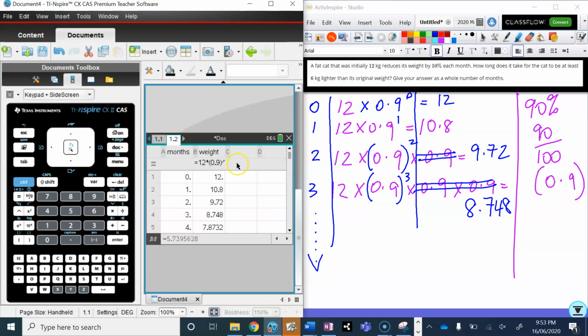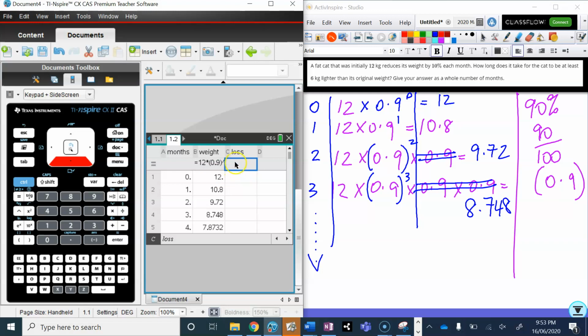One thing we can also do on the calculator, say if I wanted to calculate something like the weight loss every month, I could do another quick little calculation and get the calculator to work out how much weight this cat is losing every month. To do that, really what I'm doing is saying what is the cat's weight now and what was the cat originally.